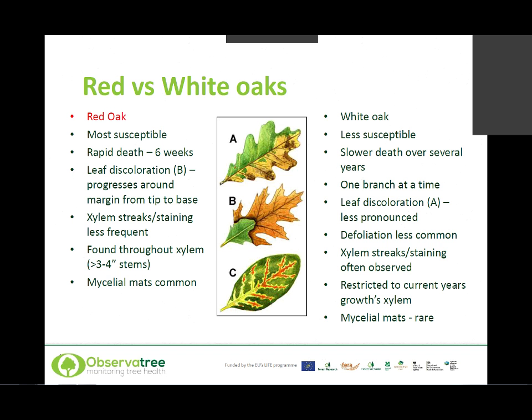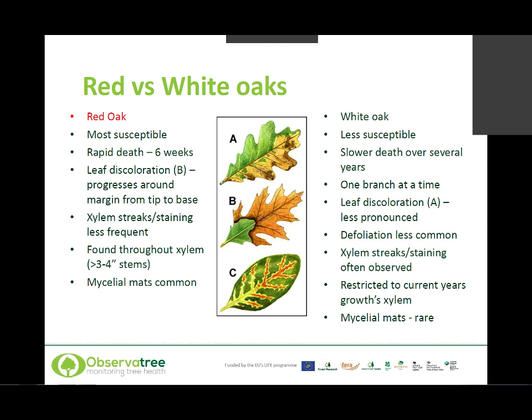One of the reasons for this is because the physiology of the white and red oak is quite different. So in the red oak, this is described as being ring porous. So this is where you get the formation of the large vessels at the start of spring in that early sapwood, and they are much more vulnerable to the movement of the pathogen up and down the tissue, where the white oak is not like that.